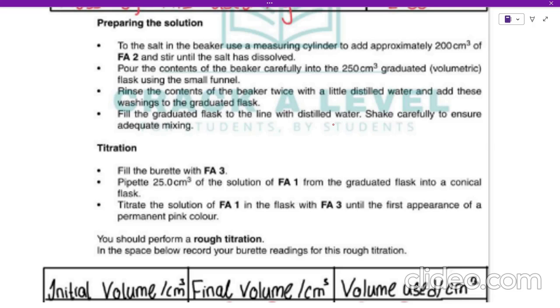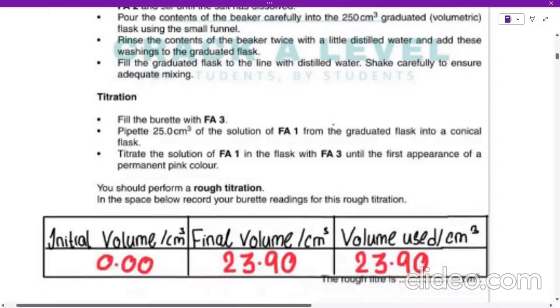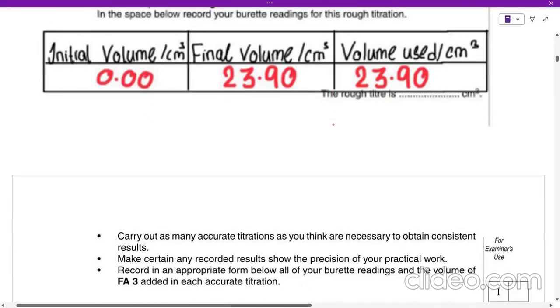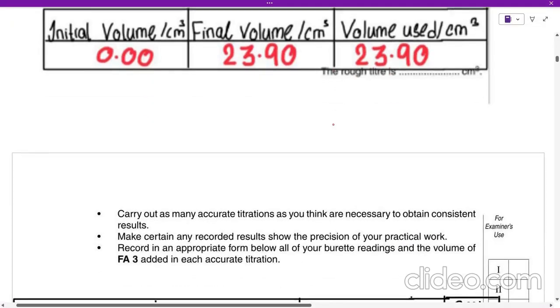You should perform a rough titration. In the space below, record your burette readings. So we have taken these readings: initial, final and volume used. The rough titre here will be 23.90 cm³. To show the precision, we have to use 90.